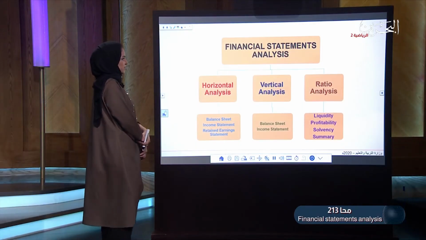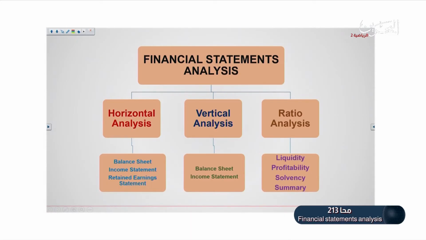Okay, in financial statement analysis, we will use horizontal analysis, vertical analysis, and ratio analysis. In this chapter, we will cover only the horizontal analysis and the vertical analysis, but we will not take the ratio analysis.